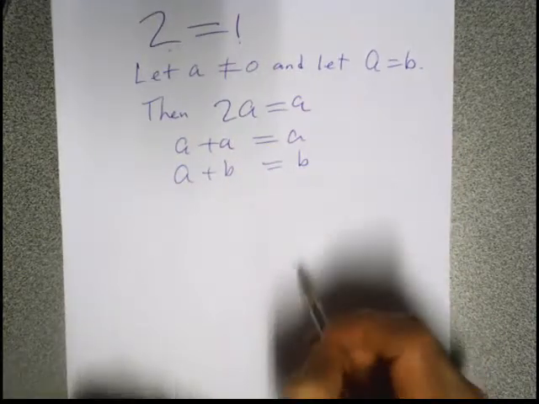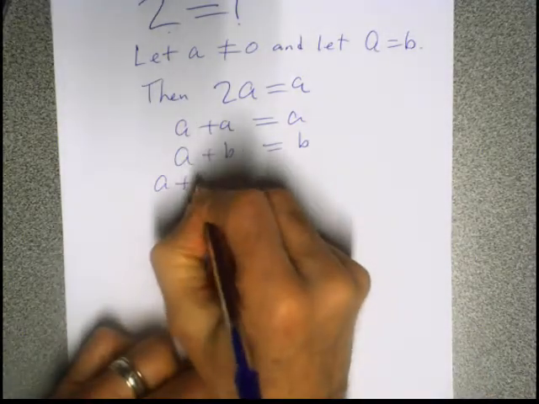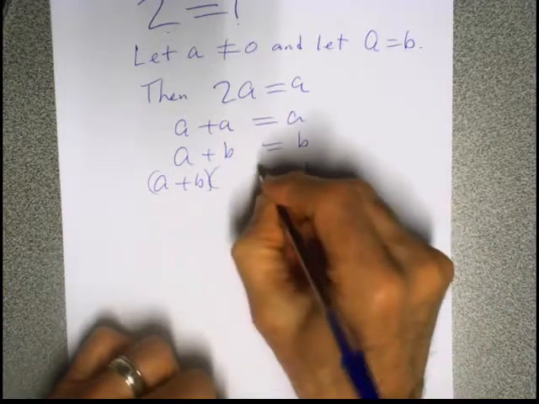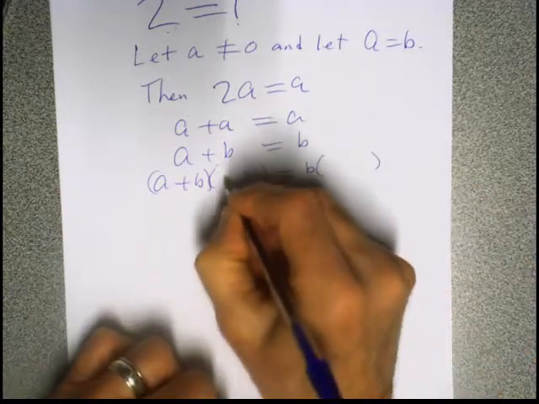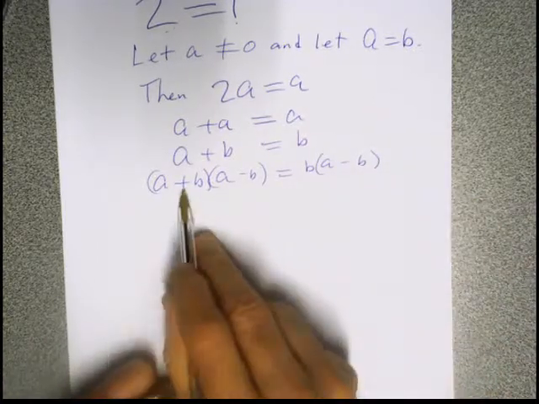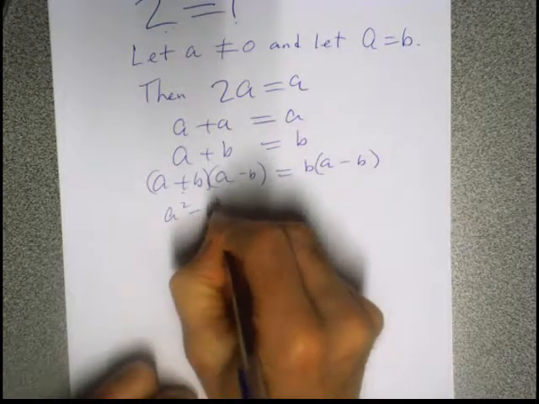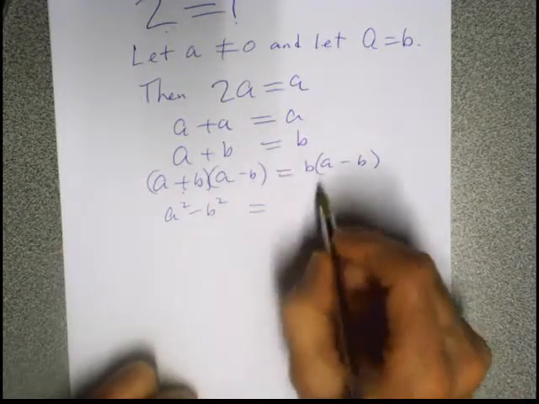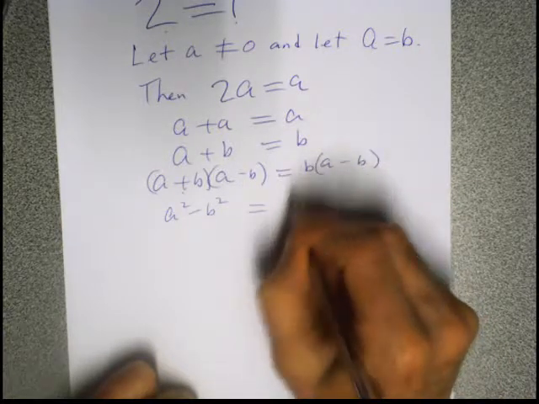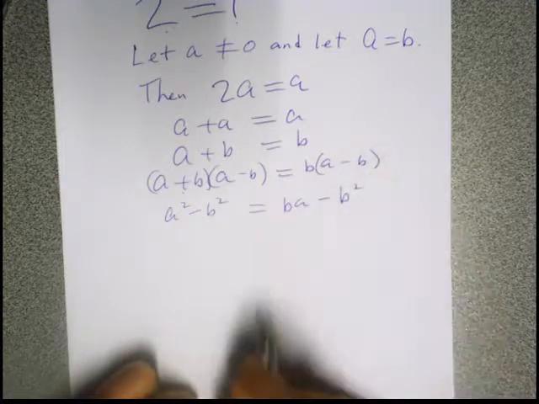And next, let me multiply both sides by the same thing, which is acceptable. I'll multiply both sides here by a minus b. So now I have a difference of squares on the left. That's a squared minus b squared, and that's equal to, just distributing the b out, ab minus b squared.